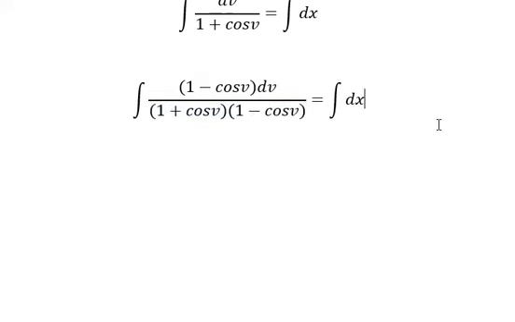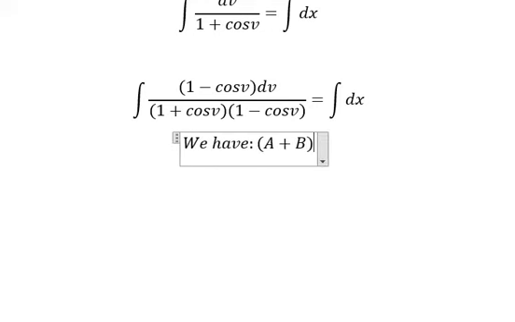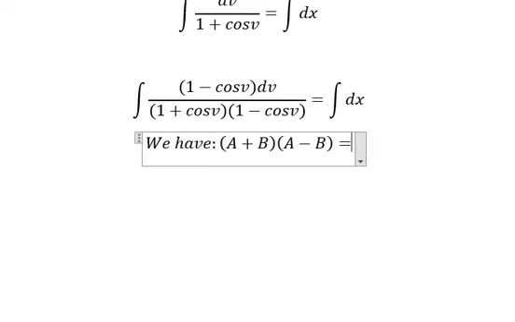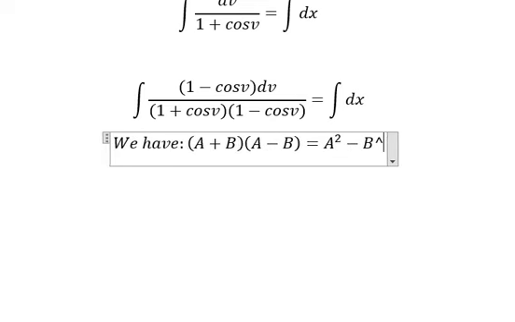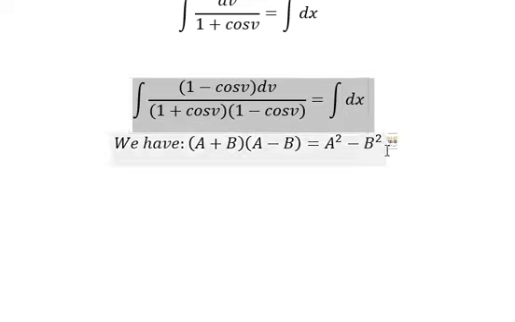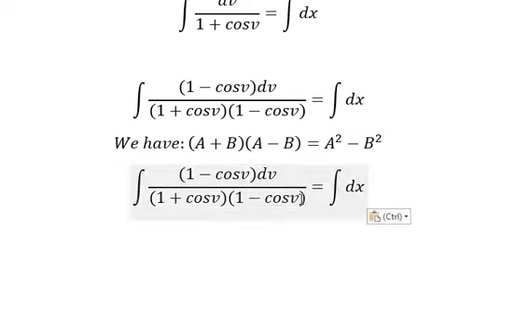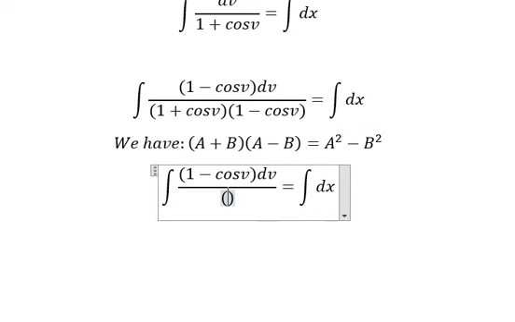And now we have the formula in here: a plus b multiplied by a minus b equals a squared minus b squared. So this one we have 1 minus cosine squared v.